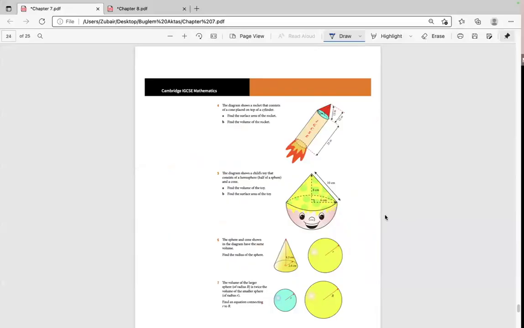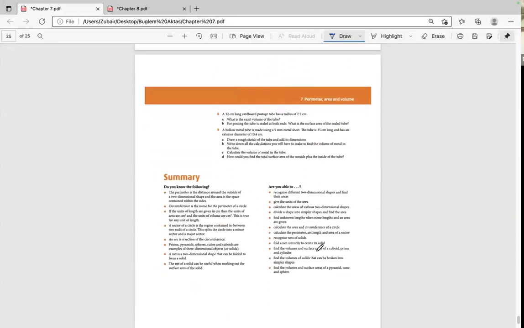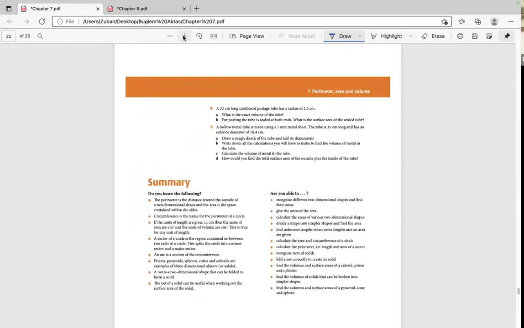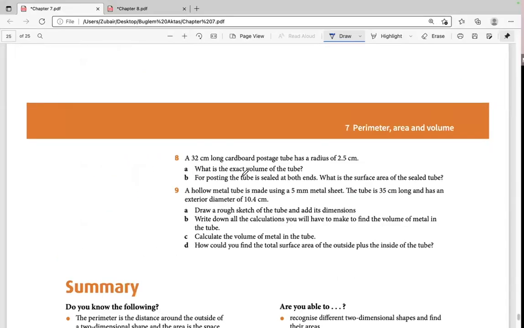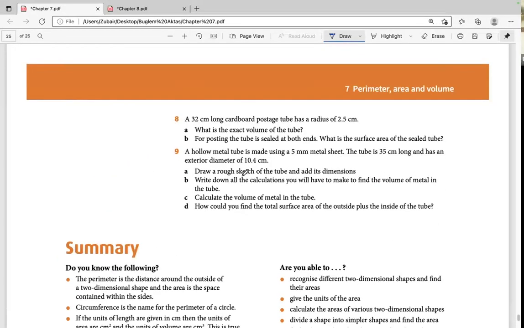You did these questions? Yes, those ones. Two more, then we'll start the new topic. Question number 8 says a 32 centimeter long cardboard postage tube has a radius of 2.5 centimeters. What is the exact volume of the tube? So that is a cylinder.